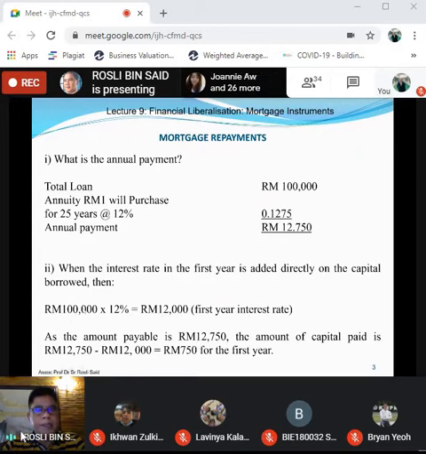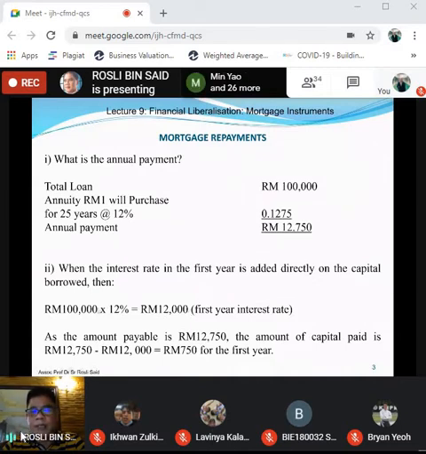And then the interest rate charged as given under the loan is 12% per annum. So 12% multiplied by the outstanding principal in the first year, which is 100,000, gives us 12,000 interest in the first year.